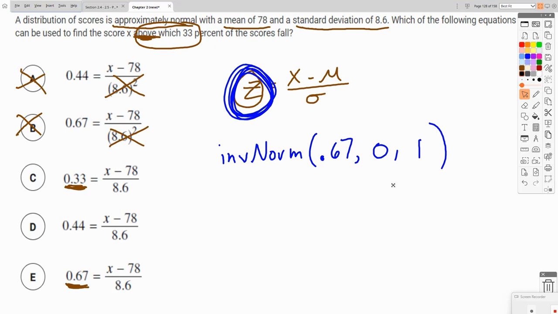So it is actually answer choice D. This is definitely a commonly missed multiple choice question, because some people instantly dive in and look at either the 33 or the 67, but neither of those represents an actual z-score. To be 33% above, we have to be 0.44 standard deviations above the mean.